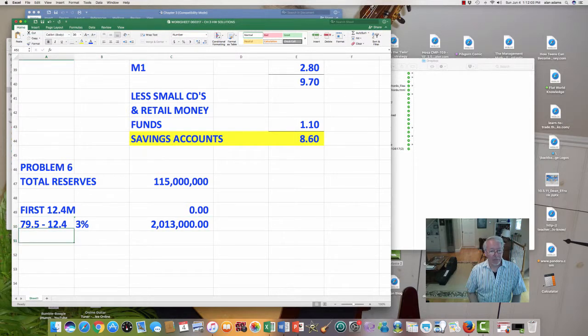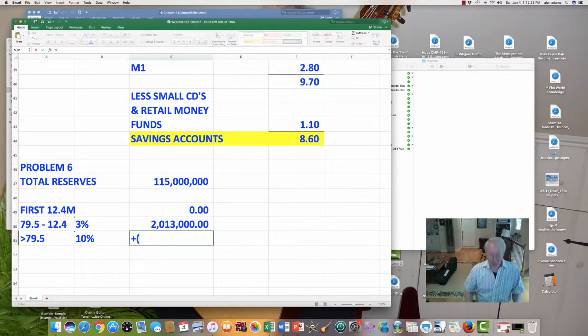And finally, anything greater than 79.5 million is going to be figured at 10%. We've accounted for the first 79.5 million.